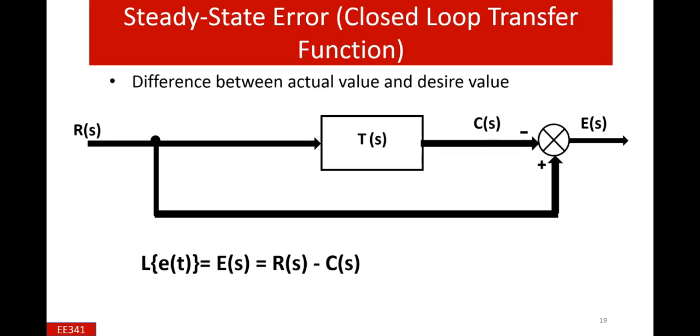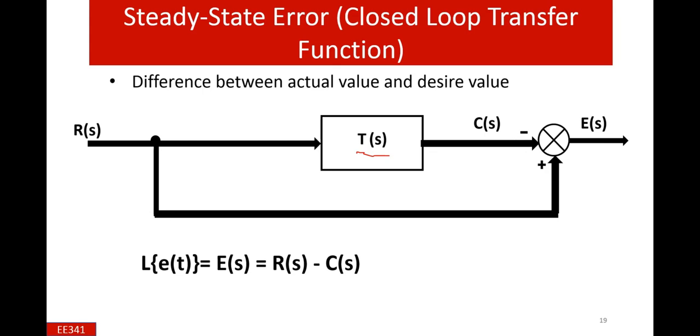Another view to observe the steady state error: if we have a closed loop transfer function, for example T(s), then the block diagram is slightly different from the open loop transfer function.